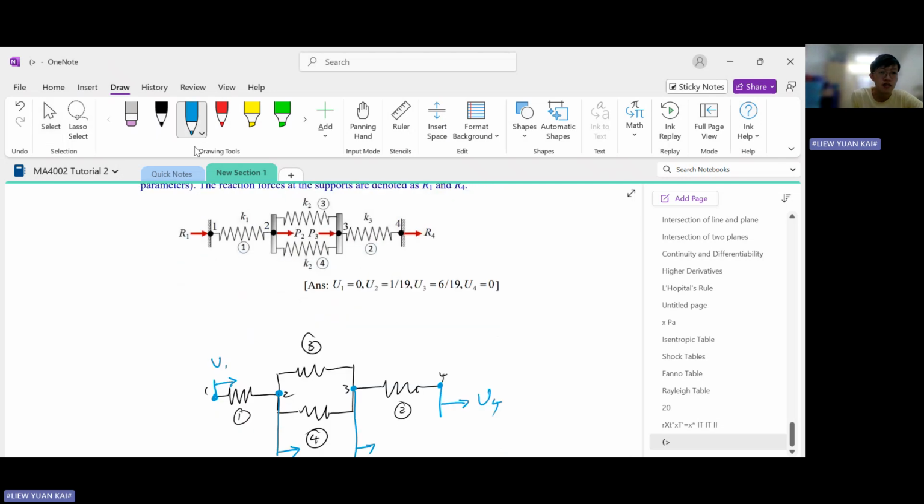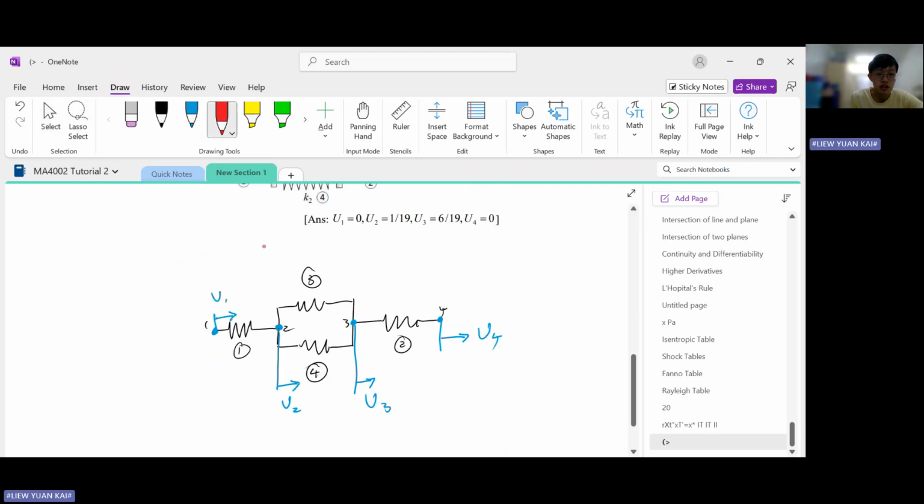Then don't forget we also need to label the external loadings. So let's label the external loads with F. F1, then here will be F2, F3, and F4.